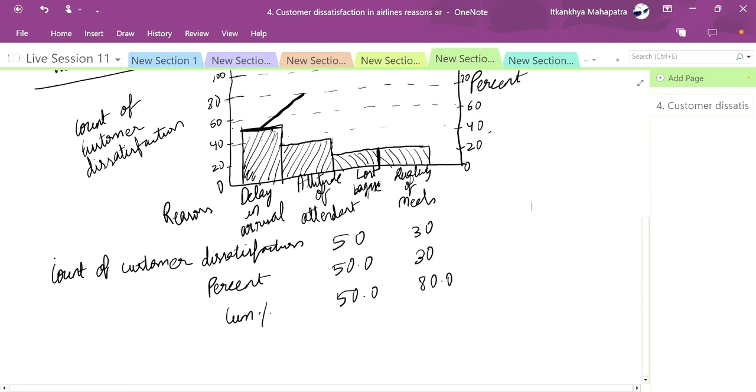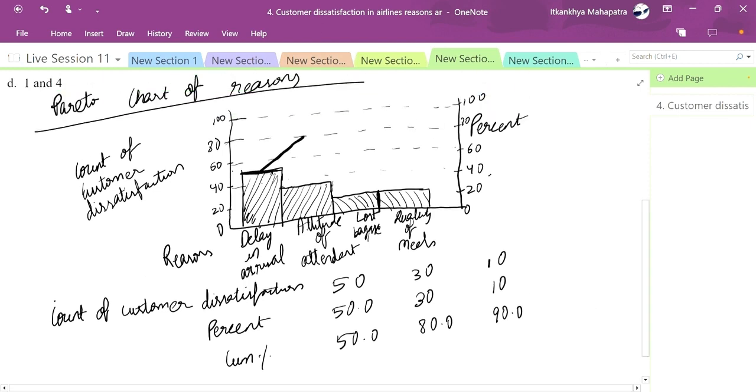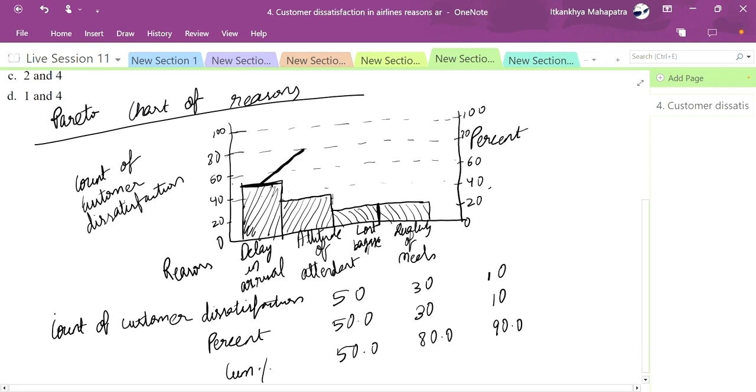Okay. Next, when the count of customer dissatisfaction is 10, the percentage is 10, and the cumulative is 90. Now we draw a straight line to this middle.